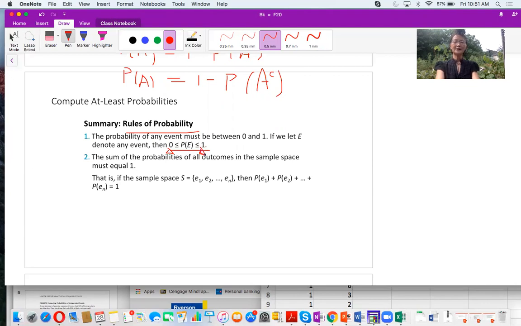When a probability equals 1, it is a certain event. Number 2, the sum of probabilities of all outcomes in the sample space must equal 1. So all probabilities added together must equal 1.